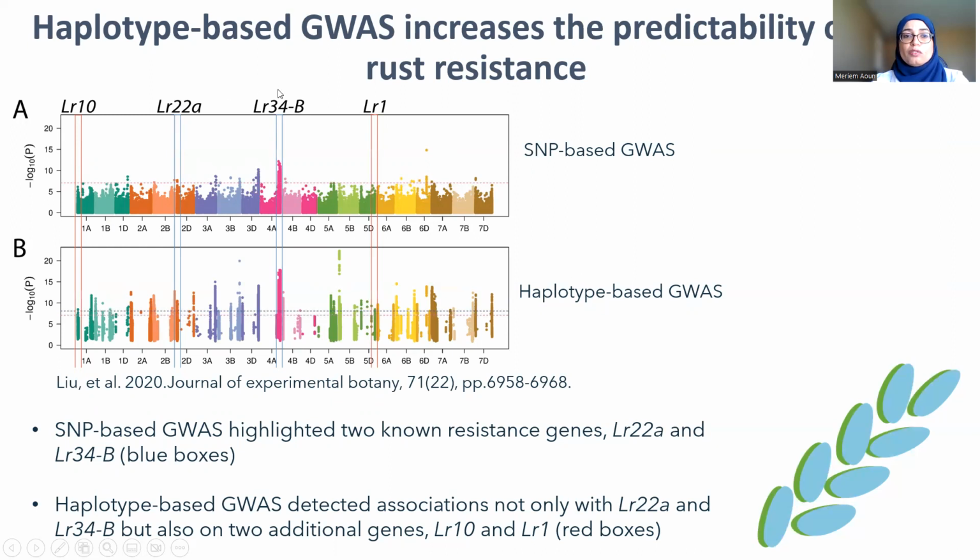And these are examples of 3 known leaf rust resistance genes that were detected. Lr22a and Lr34 were detected using both methods, while Lr10 and Lr1 were detected only in the haplotype-based GWAS, while they were not there in the SNP-based GWAS.